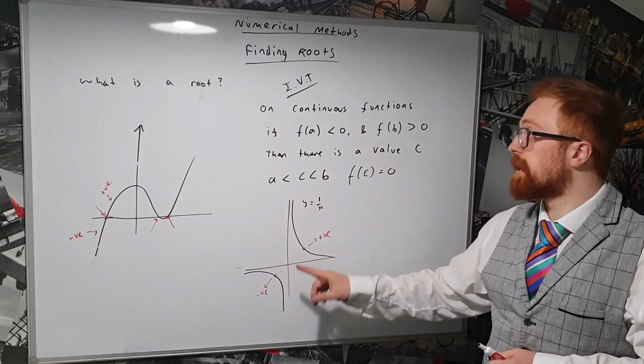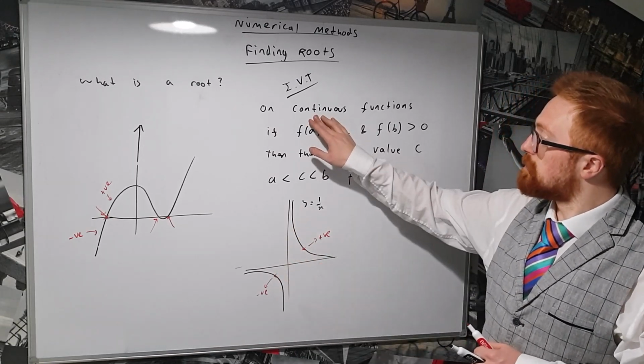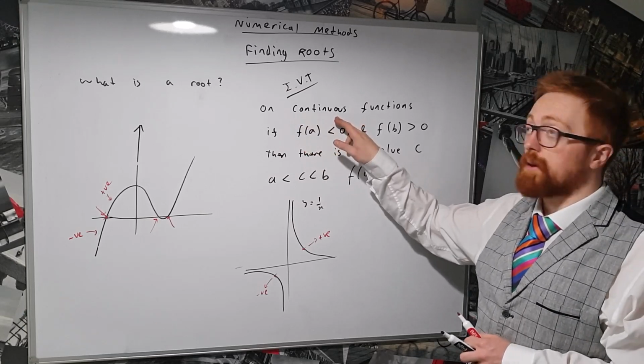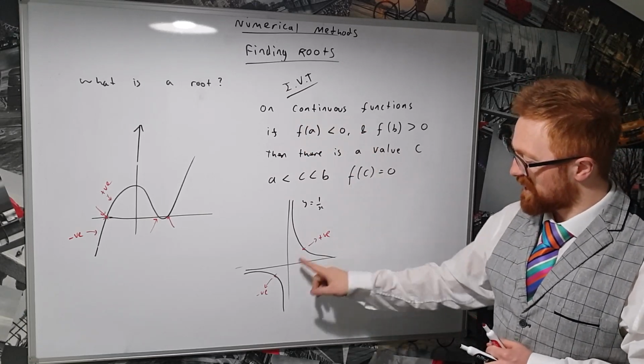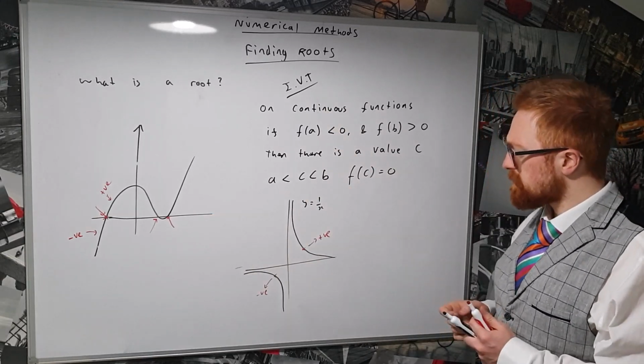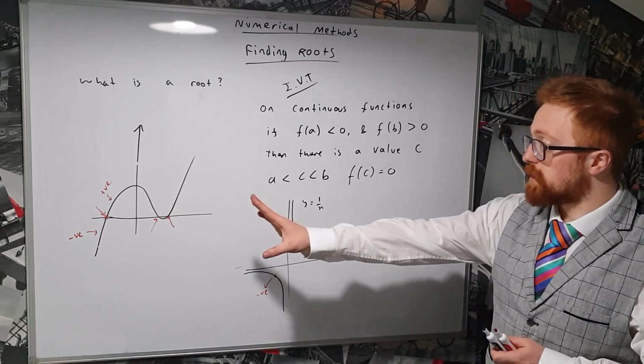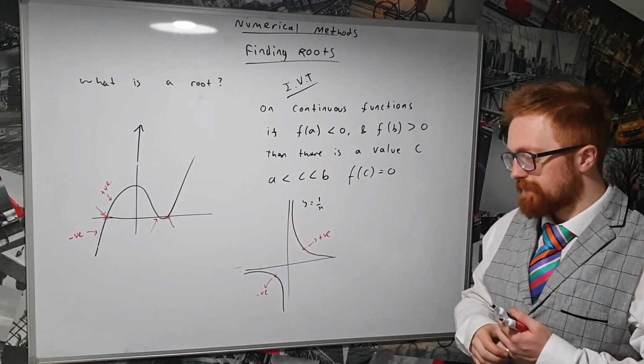There's a gap in the line, which in very simplistic terms is what it means for it not to be continuous. If there's a gap in your line, it's not continuous, this won't work. But generally speaking, we can find our roots by searching for these changes of sign.